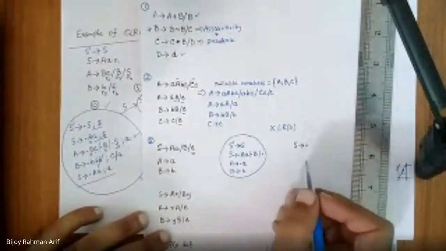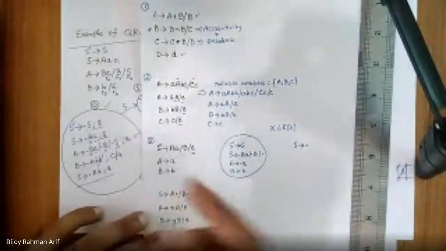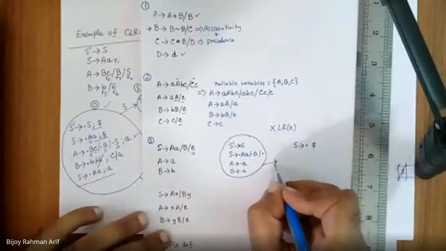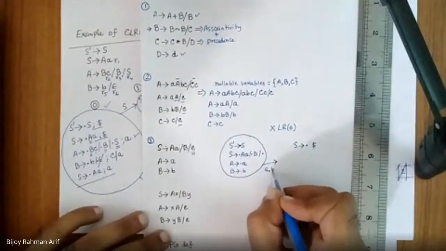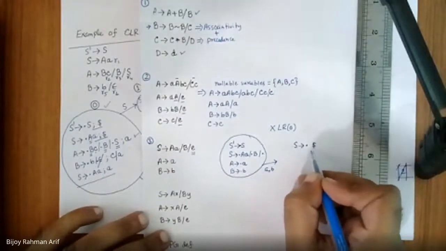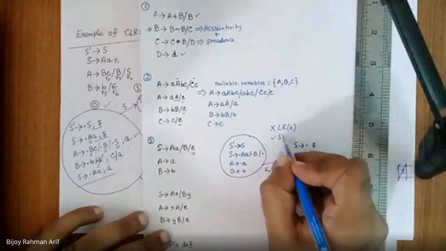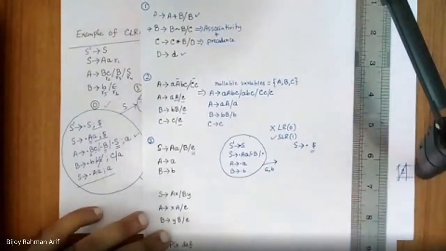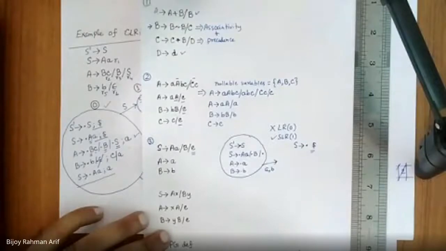In SLR1, we have to place this on the follow of S. So what is follow of S? Follow of S is nothing but dollar. So now I have shift on A and B and my reduce is only on dollar. So definitely it is SLR1. That is the catch. Did you get it? Yes, sir.